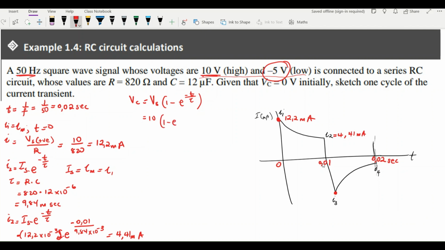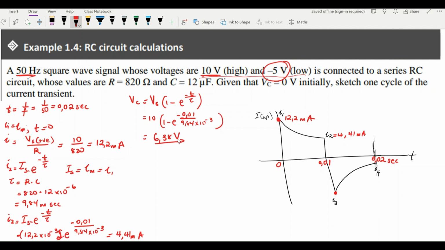We are still at t equals 0.01, and our time constant is still 9.84 exponent negative 3. And we find that the capacitor had charged up to 6.38 volts.